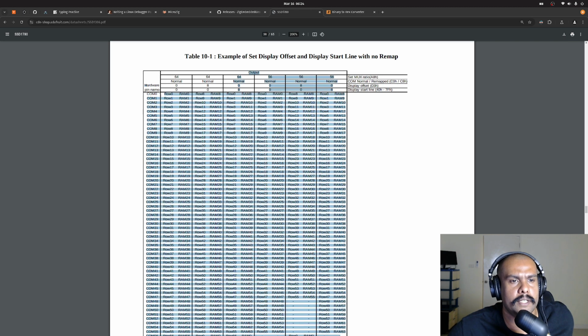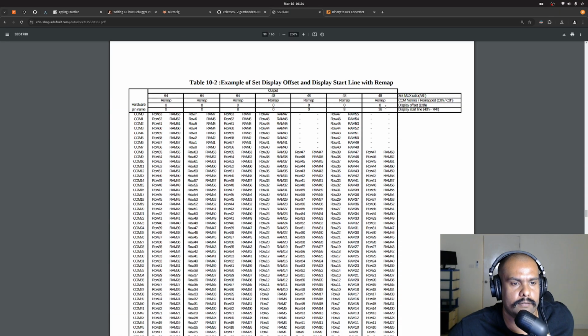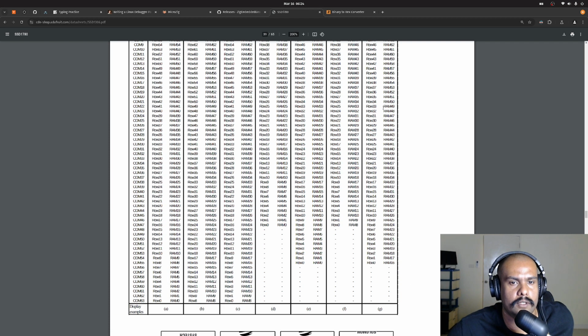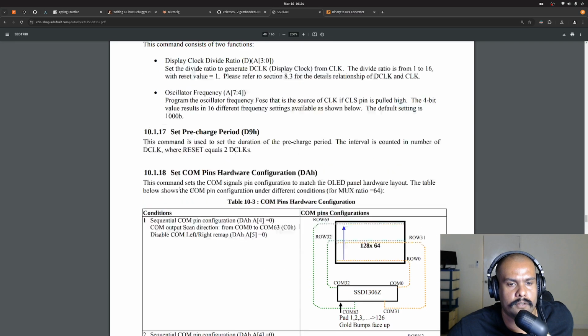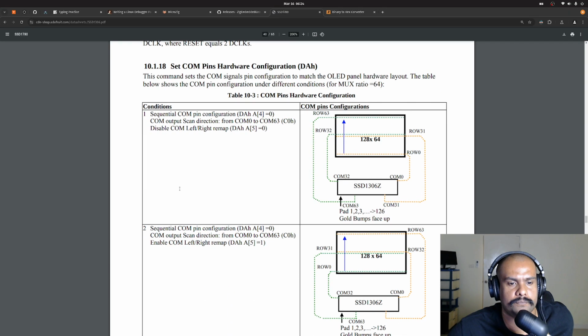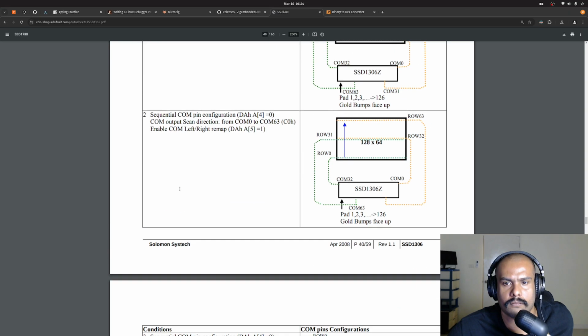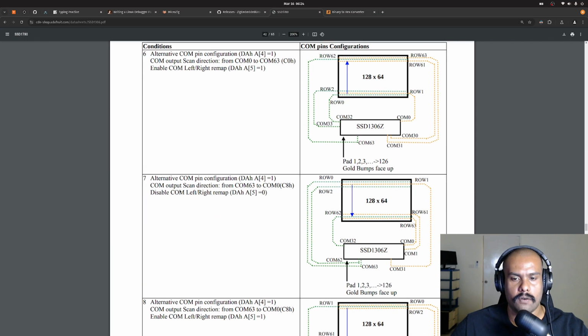Hardware pin name. Don't have these hardware pins. Only have one data pin. No. I think, yeah, ignore for now.